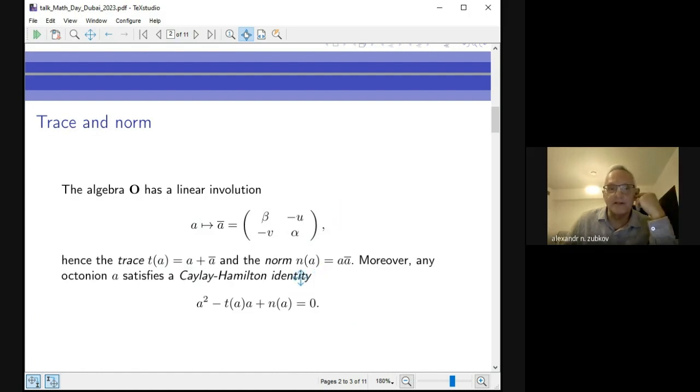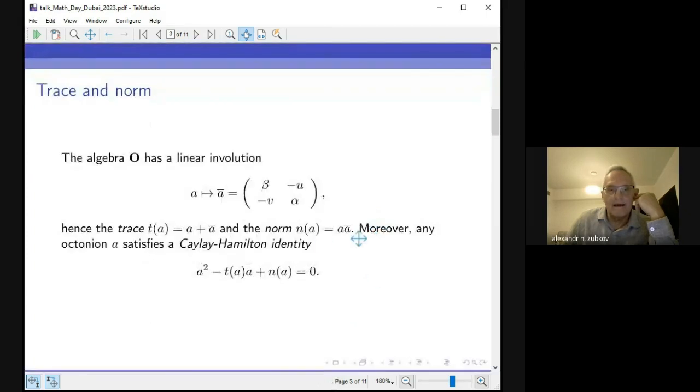And also we can define the norm N of A. The sum I am going to denote by T of A, the trace. And the norm N of A is just the product of A and A bar. It is again some scalar or scalar matrix. This norm function is multiplicative, so the norm of a product is the product of the norms of the factors.